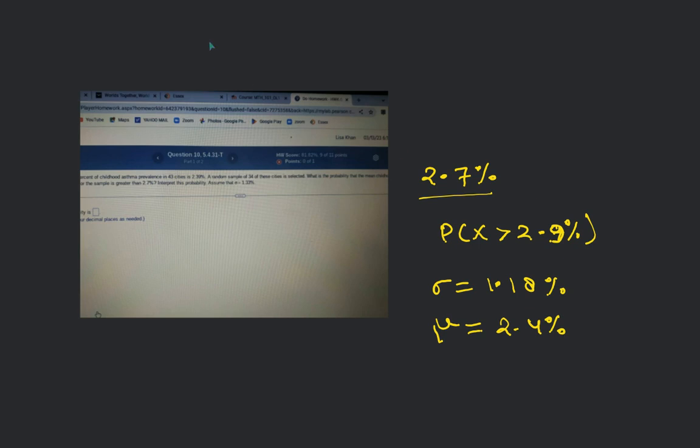What is the total number of samples? n is equal to 35. The sample is 35. Okay. But the mean is 2.47. Yes.